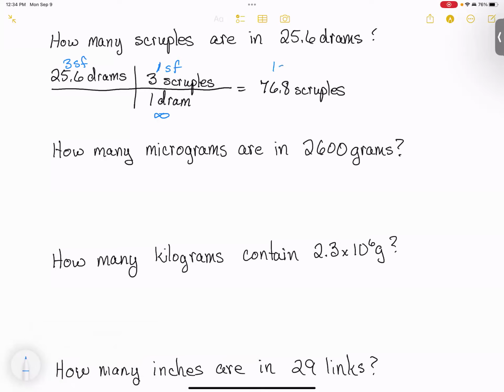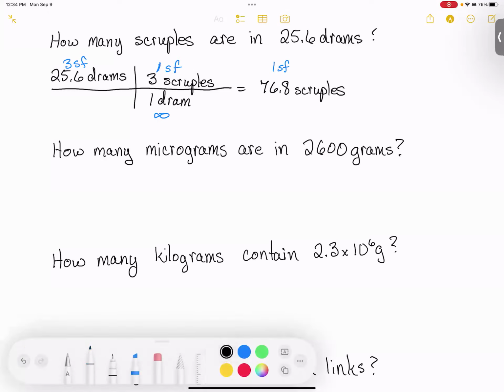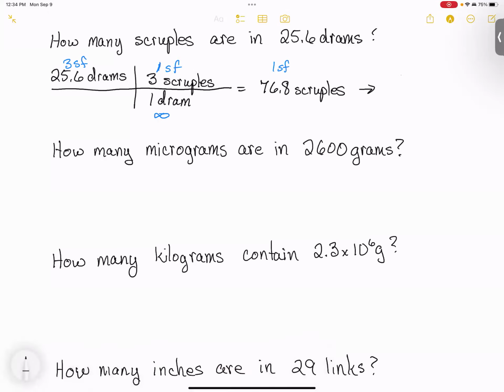So our answer can only have 1 significant digit. So you would have had 2 choices essentially. It would have been 80 with no decimal, or you could have done 8 times 10 to the 1. And therefore there's no confusion.